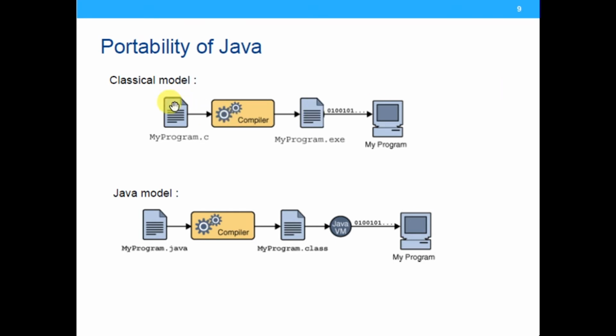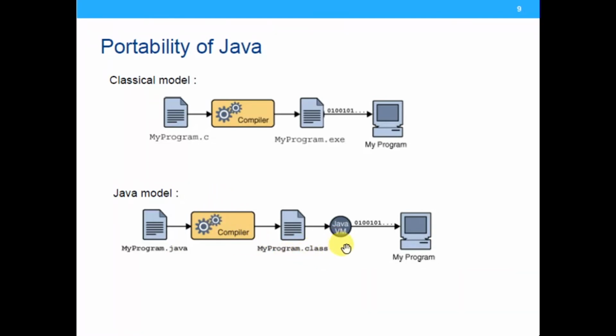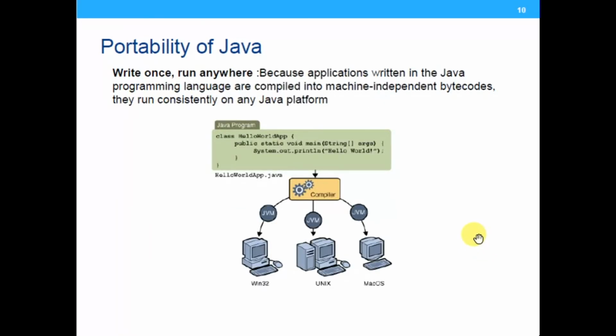Portability of Java. There is a classical model, where the program is compiled and it produces my program.exe, and then the program runs on your computer. But in Java, the program.java is compiled and it produces a class file, and then the Java virtual machine runs the program on your computer. Write once, run anywhere.